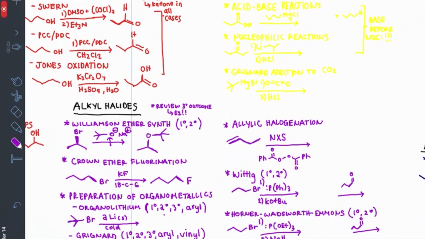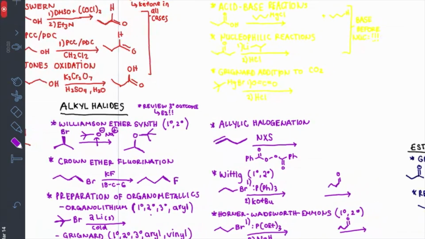Okay. For our next reaction, we have preparation of organometallics. So we start off with a primary, secondary, tertiary, or aryl alkyl halide. And so upon treating it with 2 lithiums under a cold environment, we're going to get our organolithium. Okay.